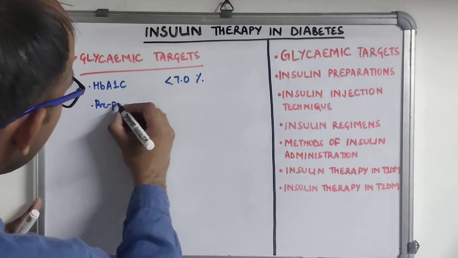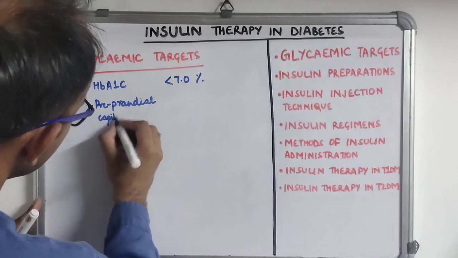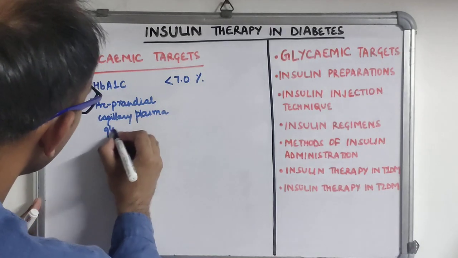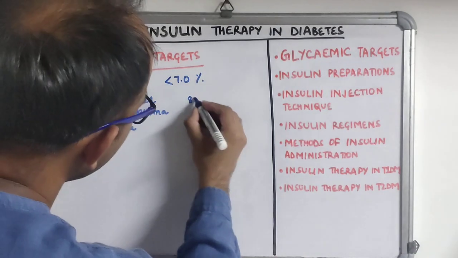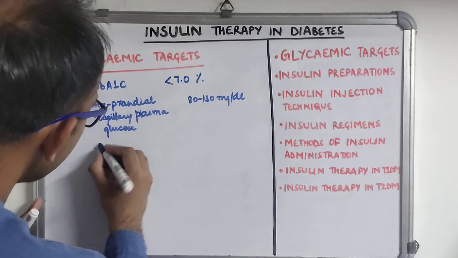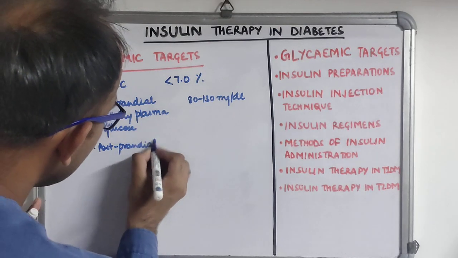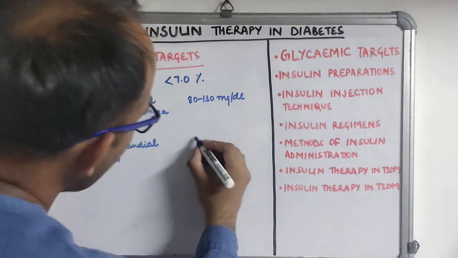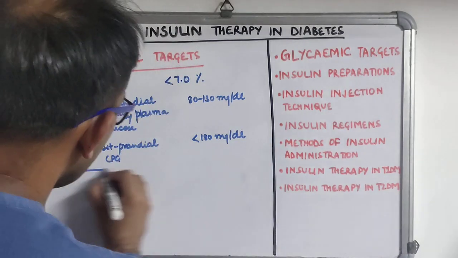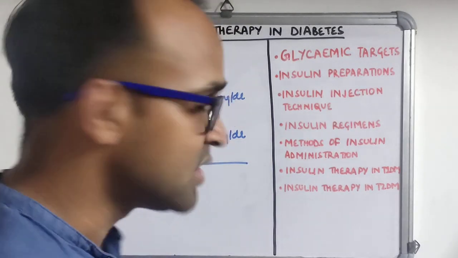The preprandial capillary plasma glucose would be 80 to 130 milligram per deciliter. And postprandial capillary plasma glucose should be less than 180 milligram per deciliter. This is as far as the non-pregnant adult population is concerned.